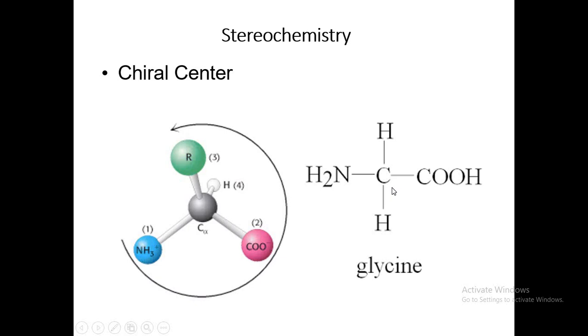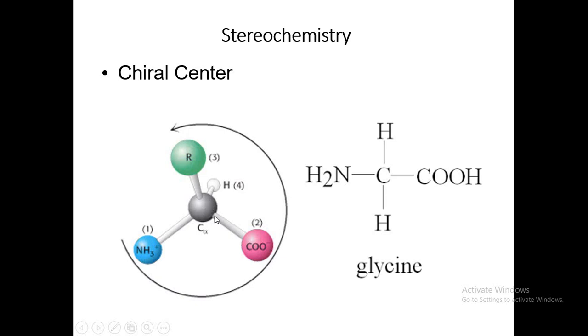Whenever in nature you find a carbon atom, it has 4 valencies, meaning it has the ability to bond with 4 different or 4 same other atoms. So in the case of an amino acid, this carbon atom, we call this carbon the alpha carbon atom.